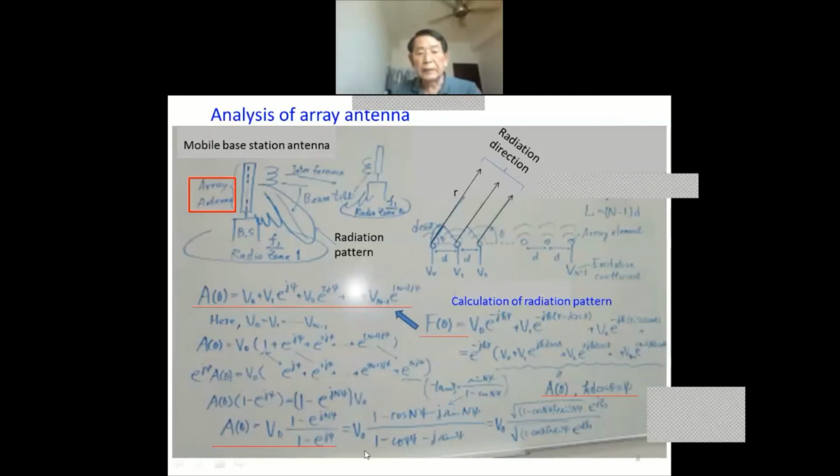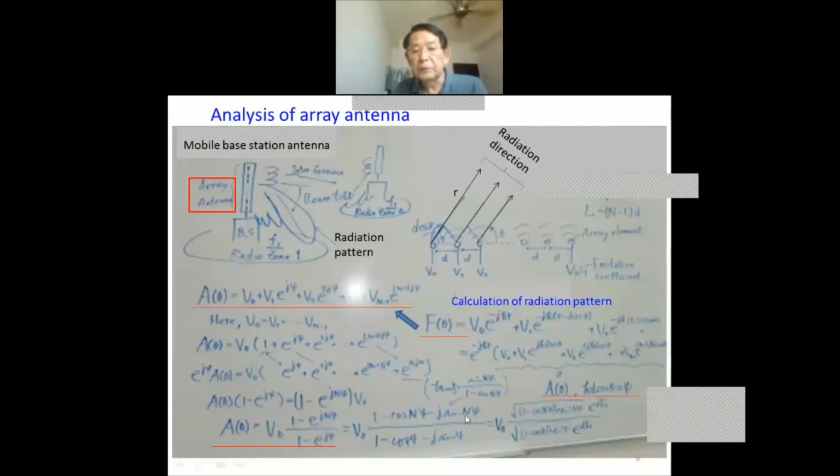This 1 minus e^(jφ) is also equal. A complex number can be expressed more simply by its absolute value and phase.